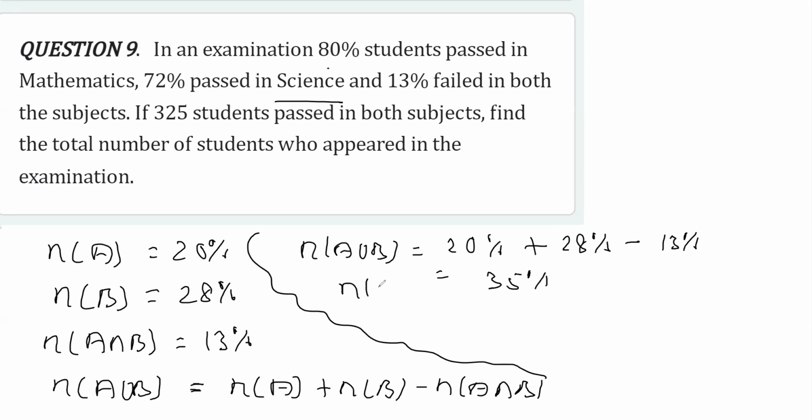So what do we get to know from here? That the percentage of the students who failed in maths or science or maybe both is 35.